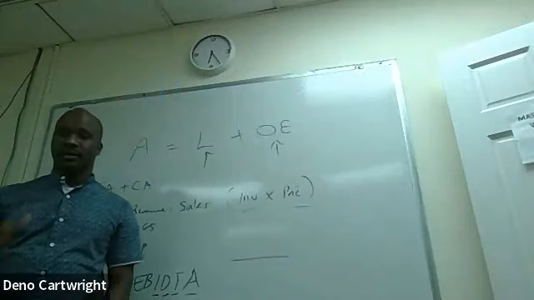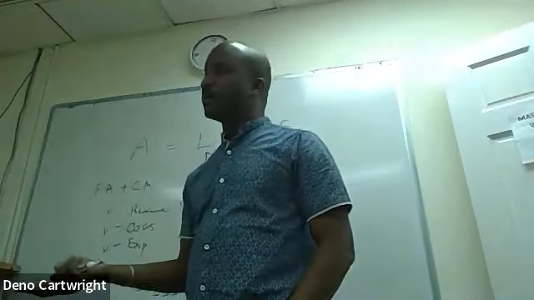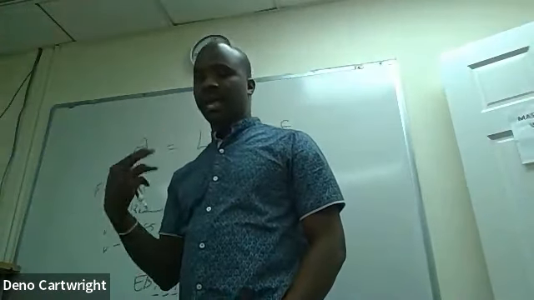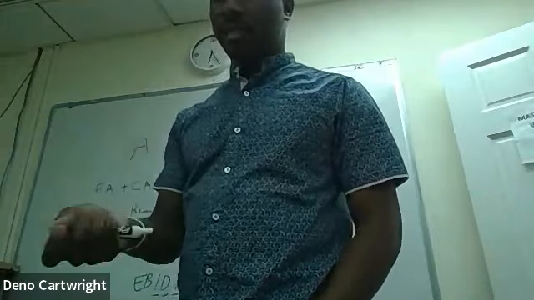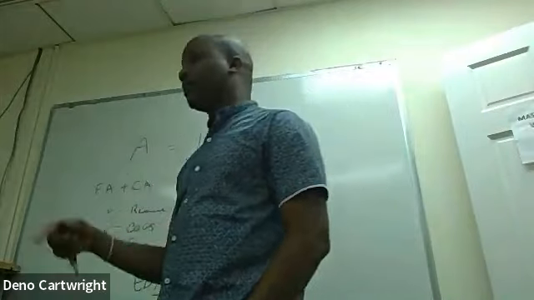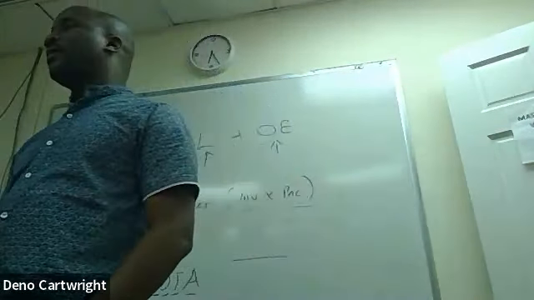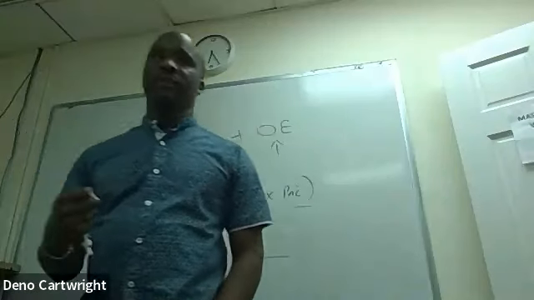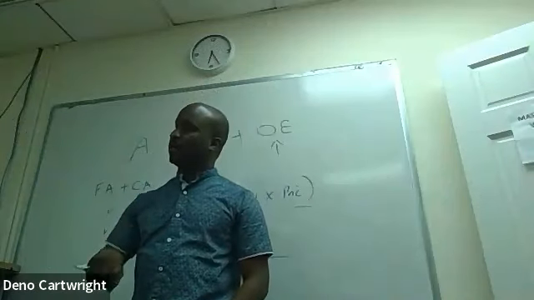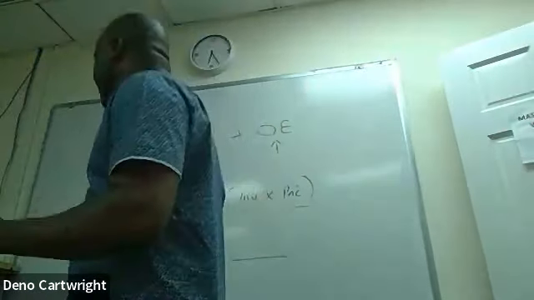So the first one being depreciation, next being interest and taxes, and then earnings before taxes. You subtract your taxes, and if there are any allowances, you take out allowances, and then you have your what? Net profit, or net income, or your net loss. All right, so that's your income statement.